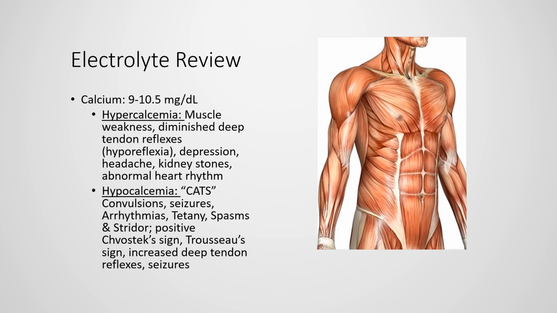You're draining your bones of calcium, so you're weakening your bones. You get abdominal discomfort and abdominal cramps with high calcium, so abdominal moans, and psychiatric overtones. You get depression with high calcium. So that's just a simple mnemonic for hypercalcemia.